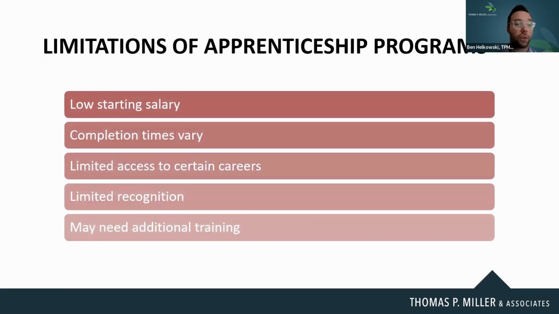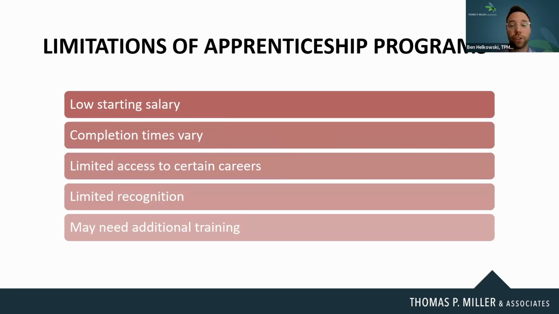Getting close to the end here, we want to examine a few limitations of apprenticeship programs. So we don't live in a perfect world, and if you search for limitations of registered apprenticeship programs, you might find the following themes: low starting salary, completion times may vary, limited access to certain careers, apprentices receive limited recognition, and apprentices may need additional training.